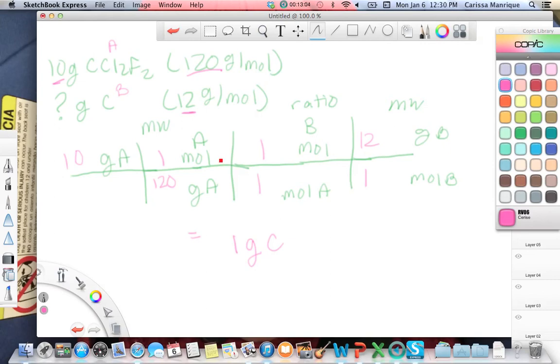Now let me show you. Let's say the problem gives you moles of A and wants you to go to grams of B. Instead of going from gram to gram, they want you to actually start from a mole. Well, that's fine.